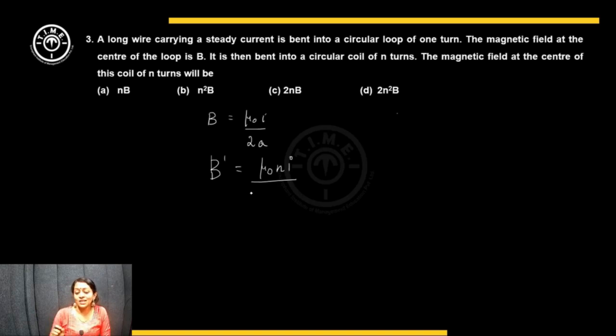So, the radius of each turn will be 1 by nth of the previous value, isn't it? So, in place of a, you have to give a by n. So, this will give you n square times mu 0 I by 2a, which is equal to n square times the magnetic field at the center due to a coil of single turn. Okay, so the answer is option B.